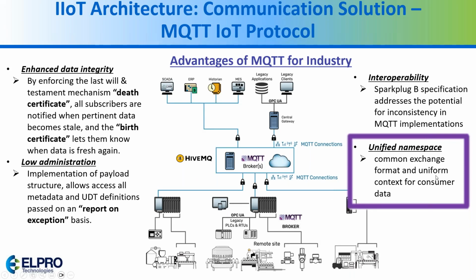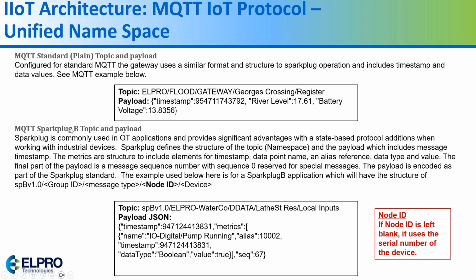Another feature is the unified namespace. At the end, in demo 3, I'm going to show you data that is coming from the unit, the 115E, to the local broker and be able to show the data in a more structured way.